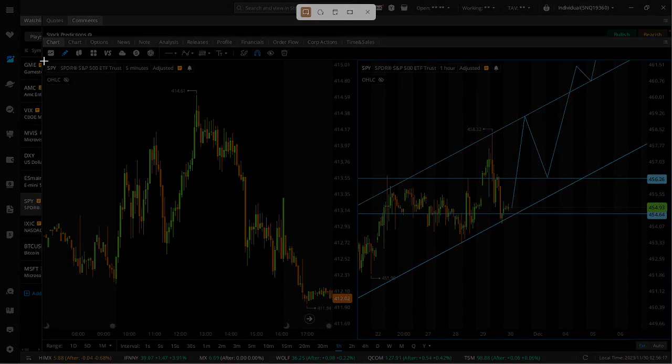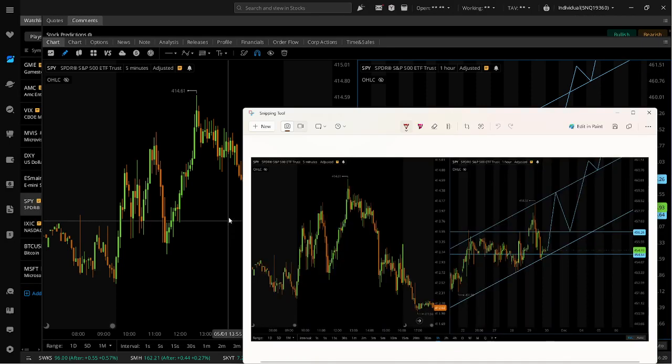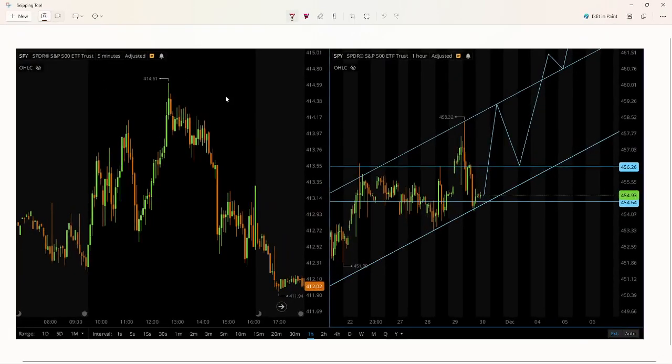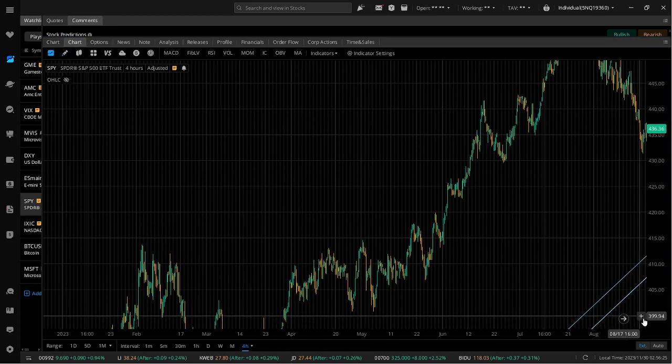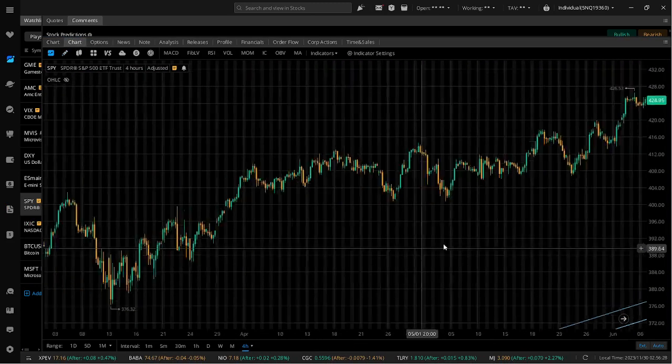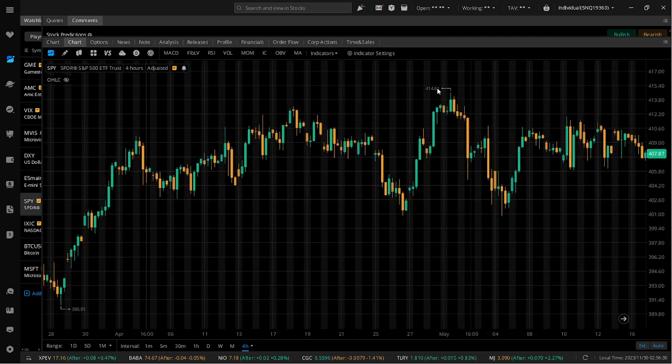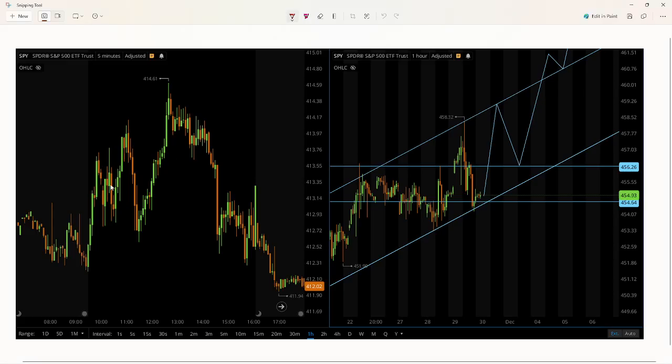So I think what that would mean, looking at the top structure here. On the left, this is the zoomed in section of the top here, right? So this is what that top looks like. And on the right is where we are within the channel that we've been in for the past 2 weeks.